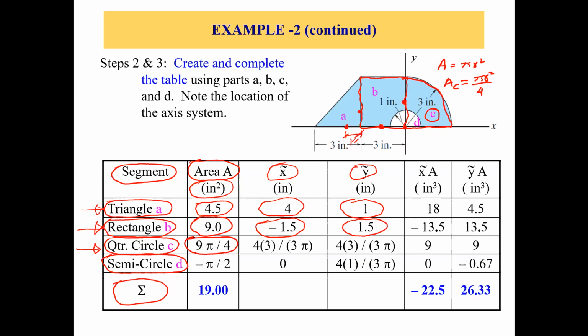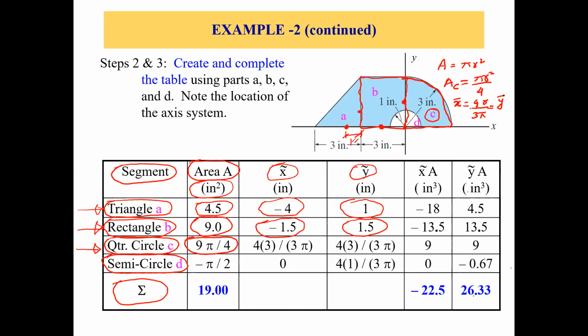Now what is the x bar? X bar of the quarter circle would be 4r over 3 pi, and similarly we have the same for y bar. This 4r over 3 pi is the equation we can use to find the center of area for quarter circle and semicircle.